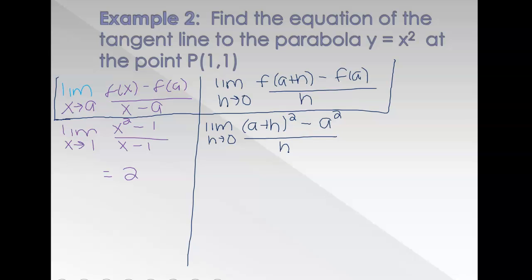So algebraically, if we have a value, in this case, my a is 1, right? So now we could look at this and say the limit as h approaches 0 of 1 plus h squared minus 1 squared all over h.